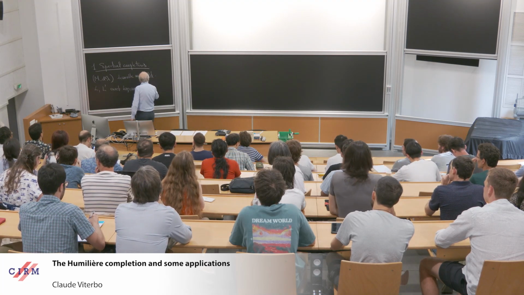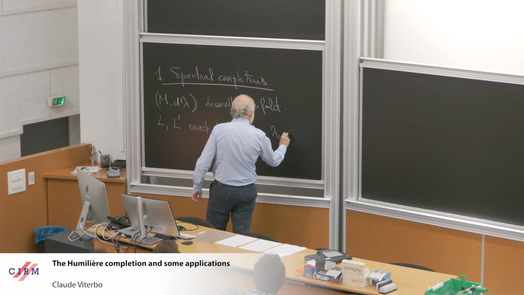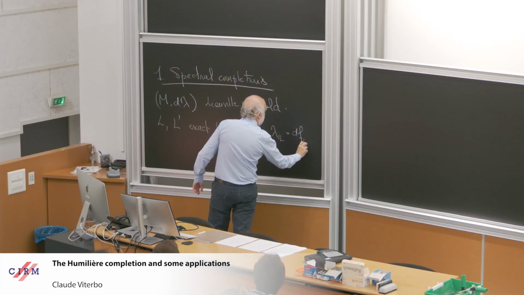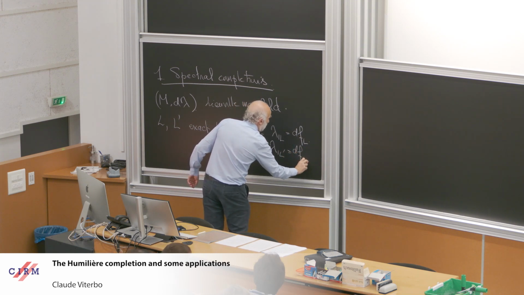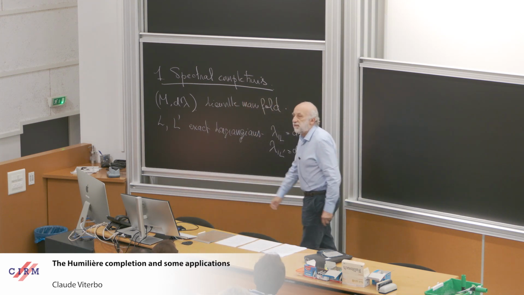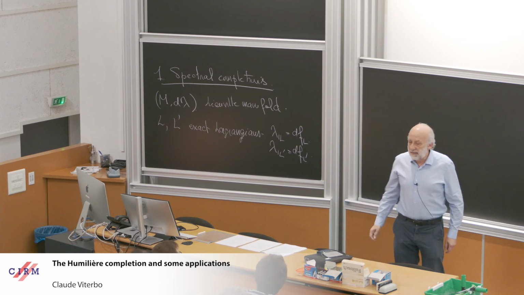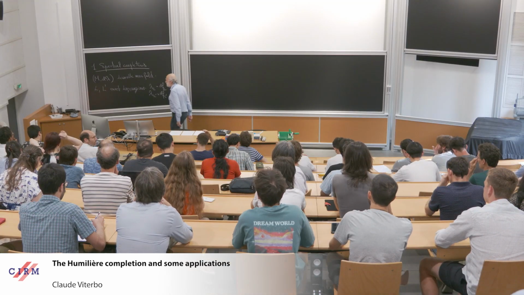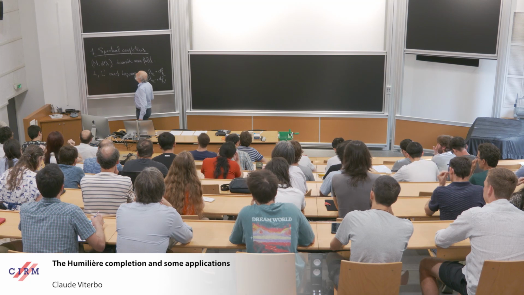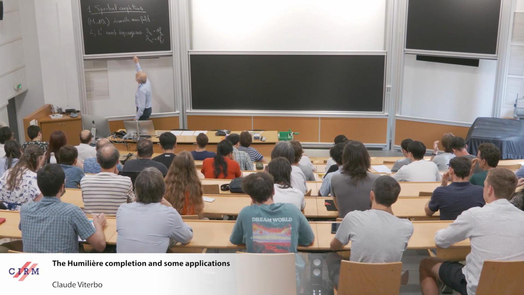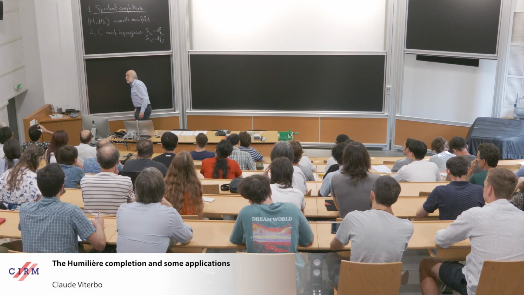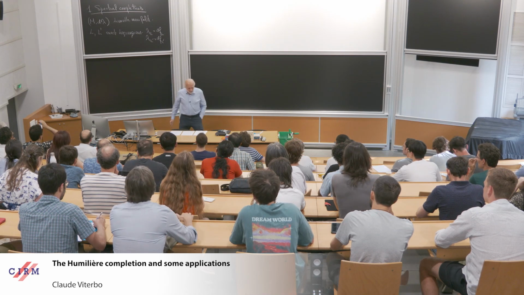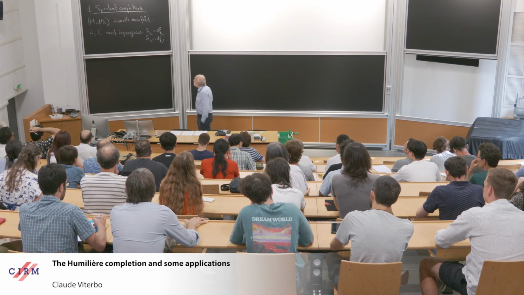So exact Lagrangian means that lambda restricted to L is df_L, and of course lambda restricted to L prime is df of L prime. And well, it would make the talk a little bit cumbersome to always carry the f_L or f_L prime, but it actually makes life a little bit easier when you concretely do that.